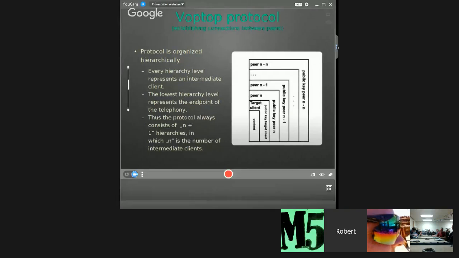Now to the protocol of Voptop. All connections are not built directly. That's what I said at first. That means that there are peers between you and the connection recipient.